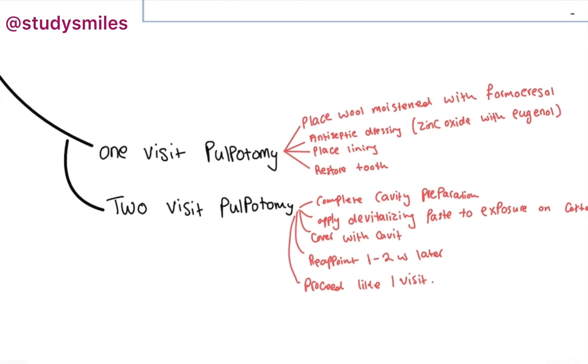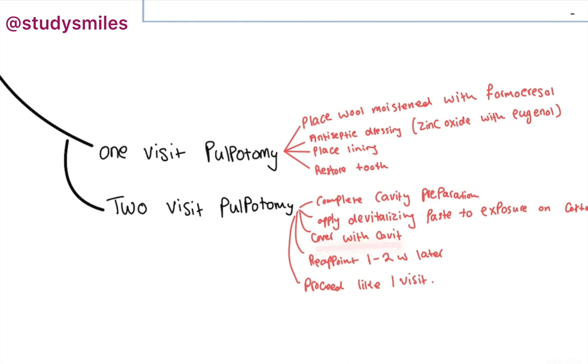The two-visit pulpotomy is where we first complete the cavity preparation. We apply the devitalizing paste to the exposure on a cotton pellet. This devitalizing paste could be something called Toxavit. I think it's a brand name, and it's a black paste that we apply a little of on the pulp, and we let it sit.